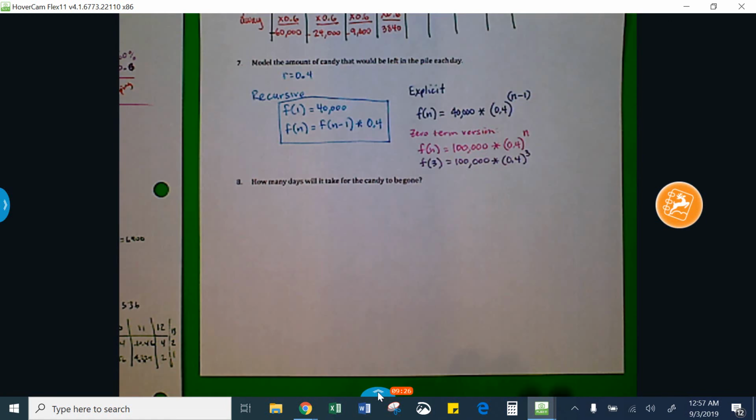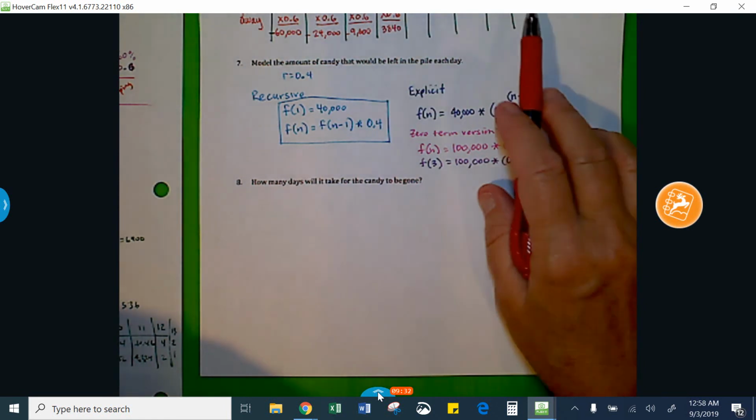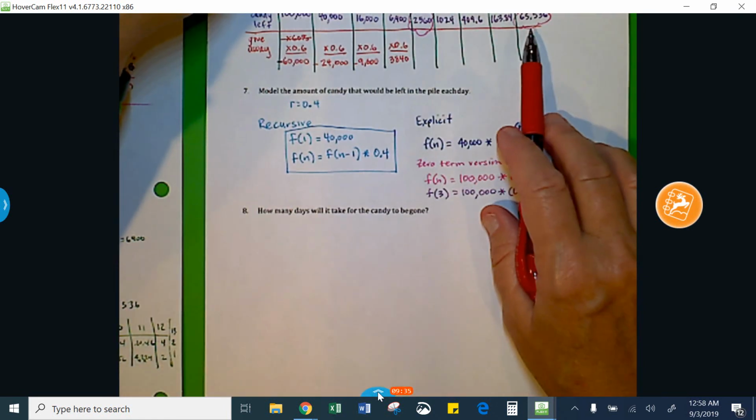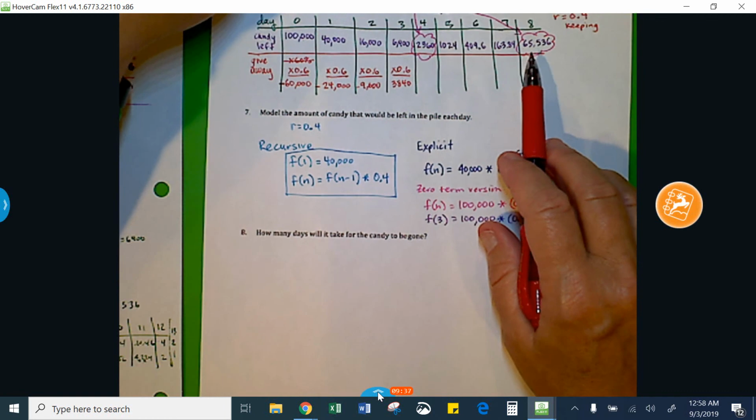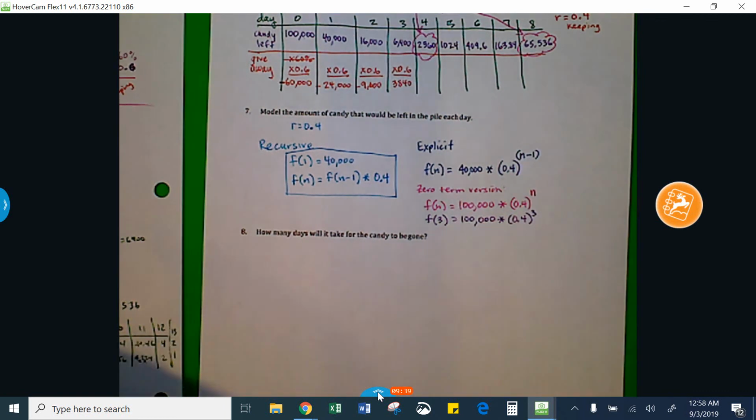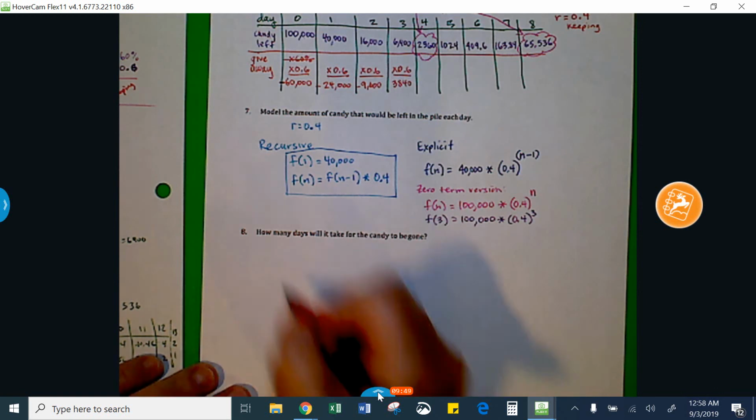Alright, the next little piece. How many days will it take for the candy to be gone? Well, we could work from this. We could just continue this table. We're going to get to a point where we only have, like, 1 or 2 pieces of candy left. You give away half of it, 1 piece of candy. You give away half a piece of candy. We're not going to deal with half a piece of candy.